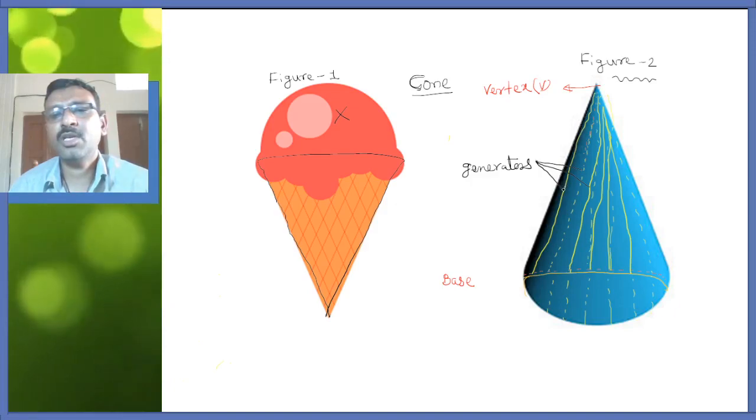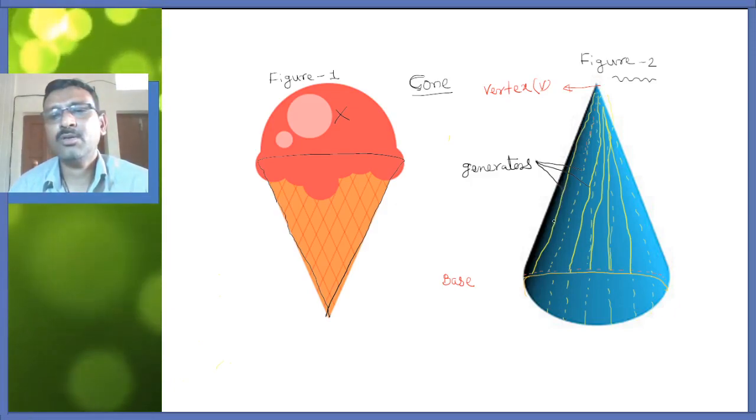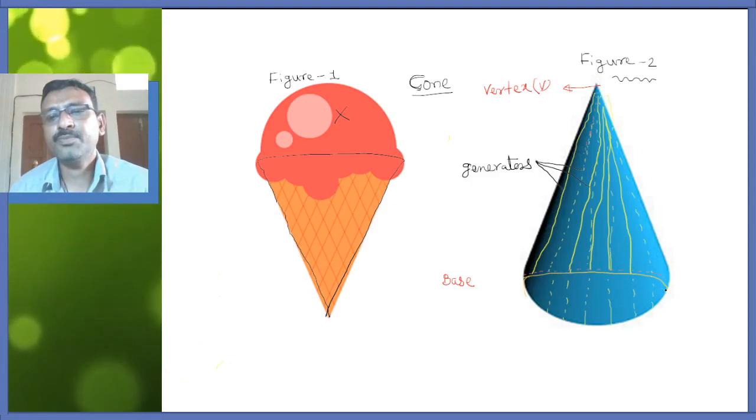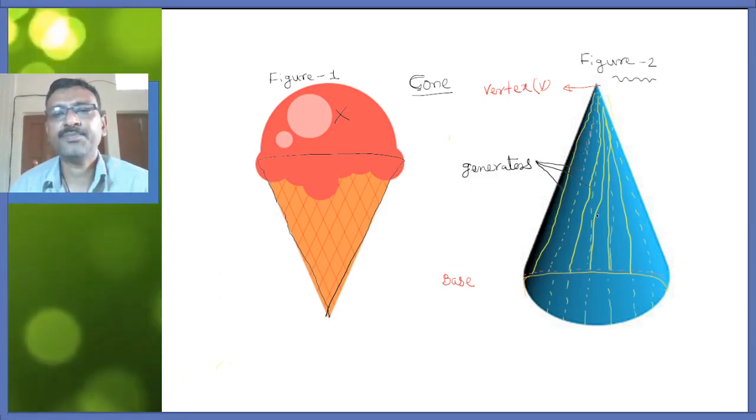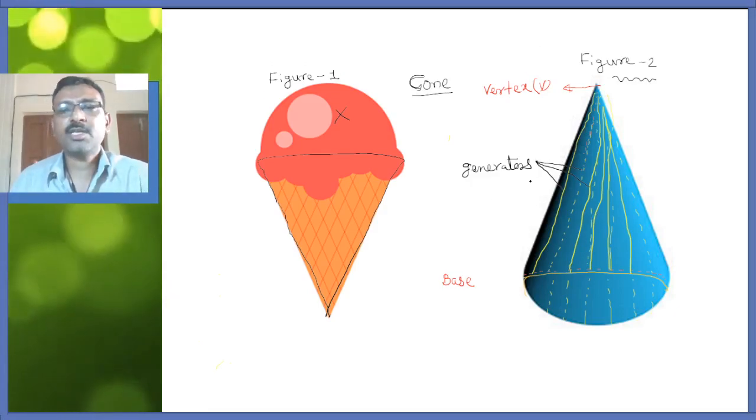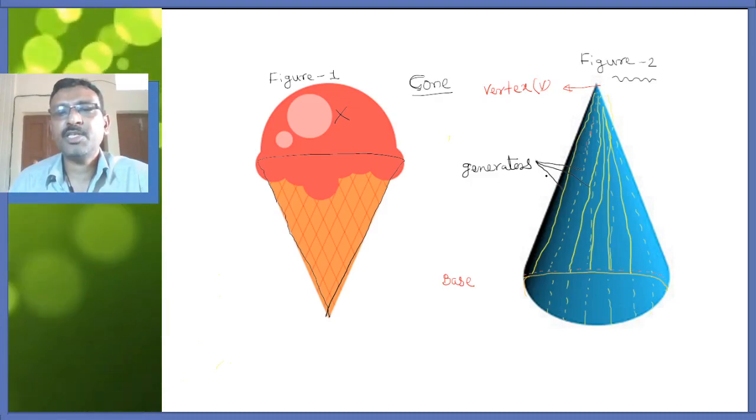If we move the line on the base curve, the cone shape is generated. So these are the basic parts of the cone.